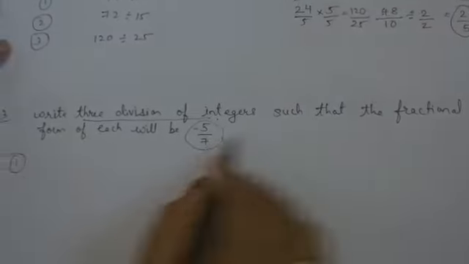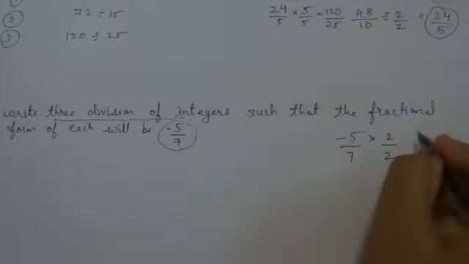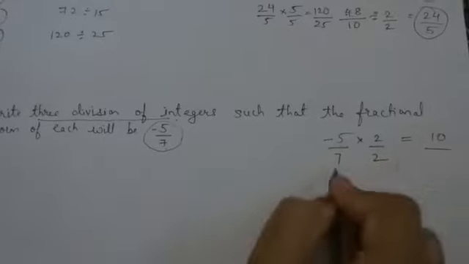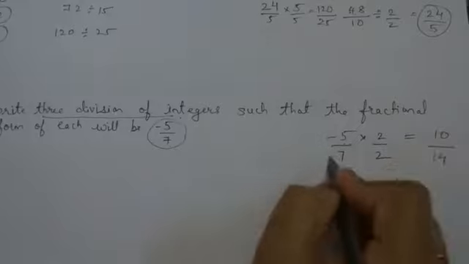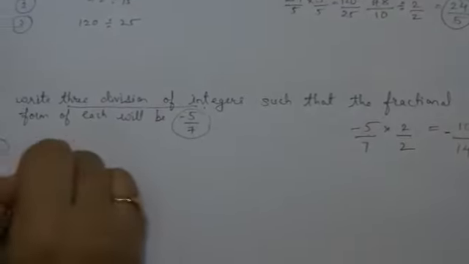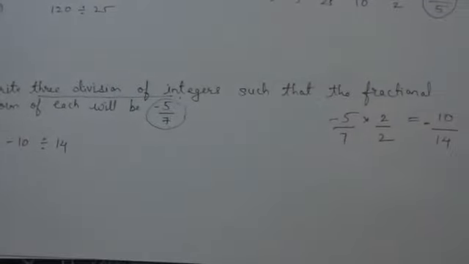So first, take that fractional form and multiply it by 2. After multiplying, what will you get? 5 2s are 10, 7 2s are 14. Here it is minus, so minus times plus is minus. So we give the sign minus. So the first number we got is minus 10 divided by 14.